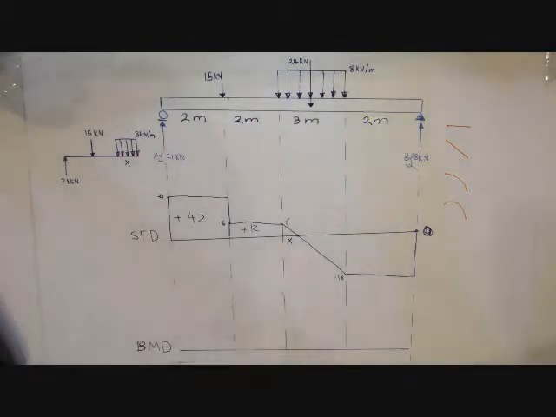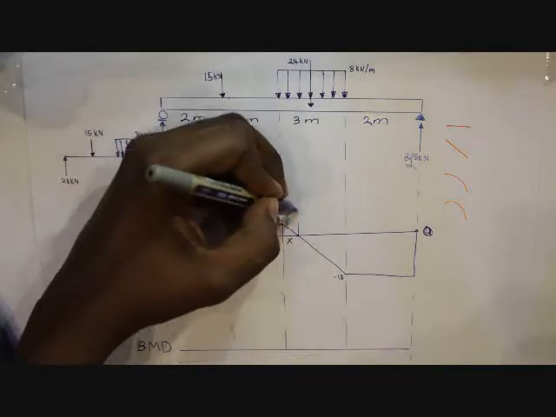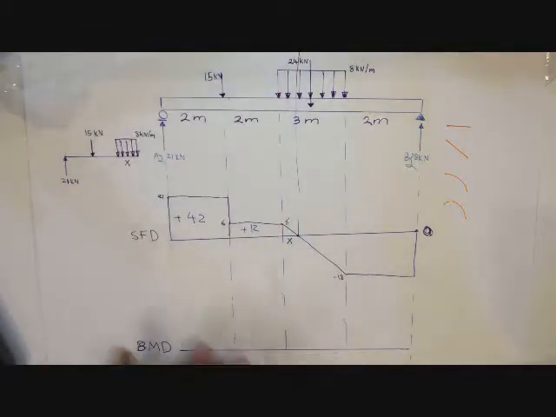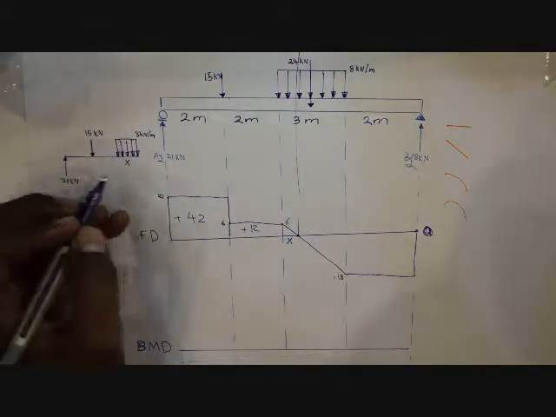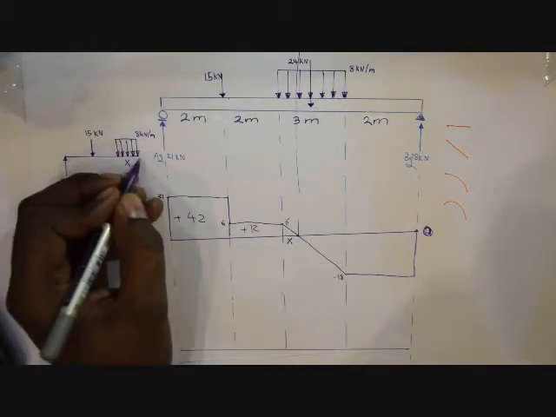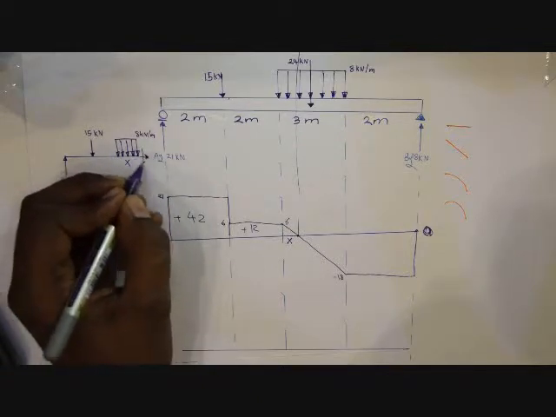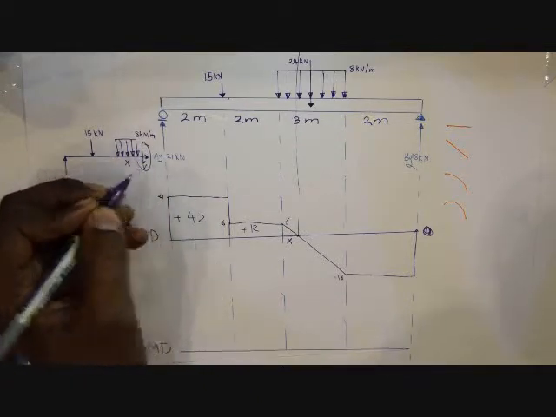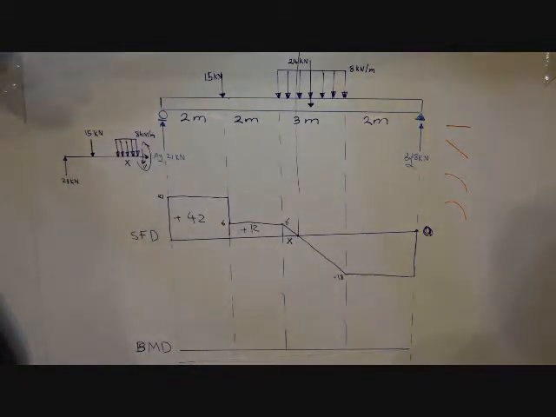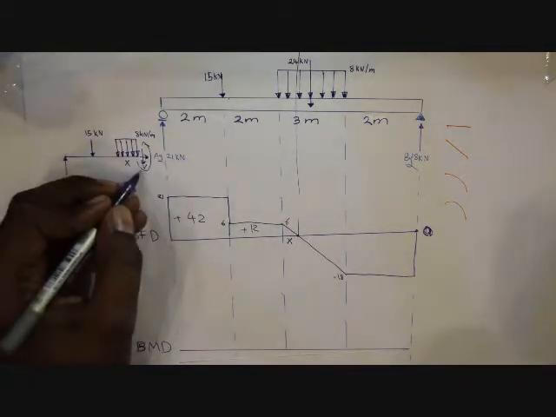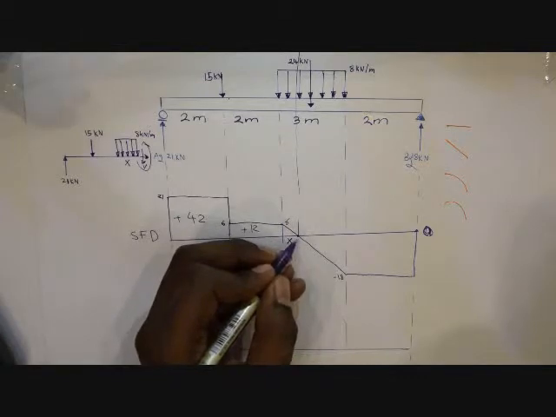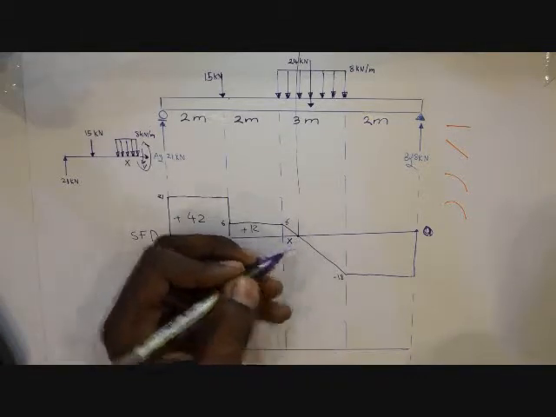So let's cut it from here. Now this is our cut, and whenever you cut a beam, there are always 3 things: the normal force, shear force, and the bending moment. What matters here is the shear force, because we know that it equals 0.